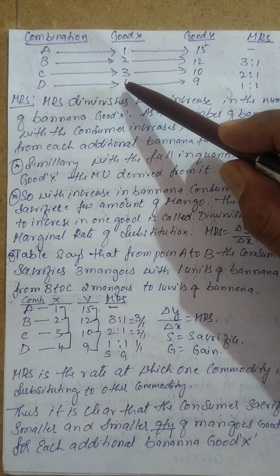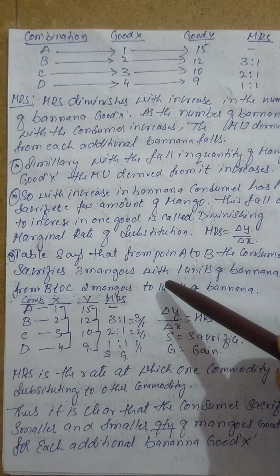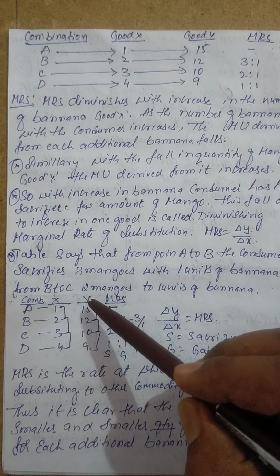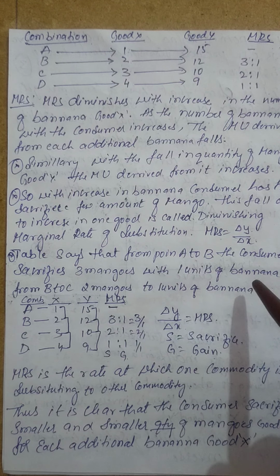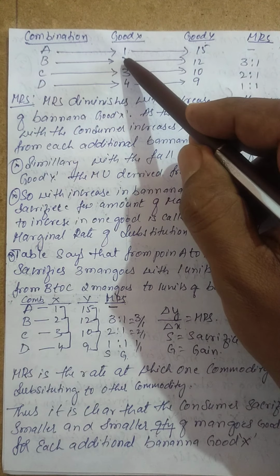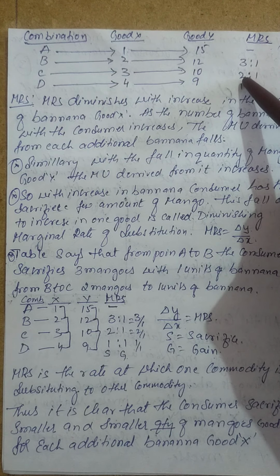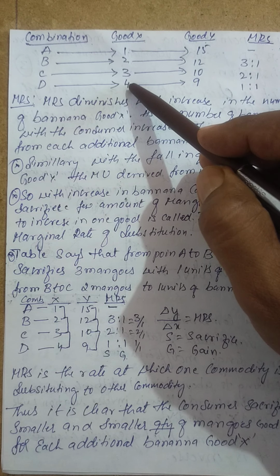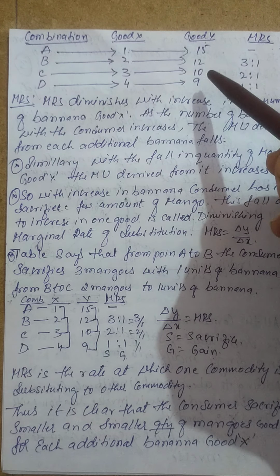Next, with 1 unit increase in banana, from B to C he sacrifices 2 mangoes for again 1 unit of banana. So again 1 unit is increasing here, and again 2 units of sacrifice take place. Like this it continues from 3 to 4, when he purchases, he is ready to sacrifice again 1 unit of mango.